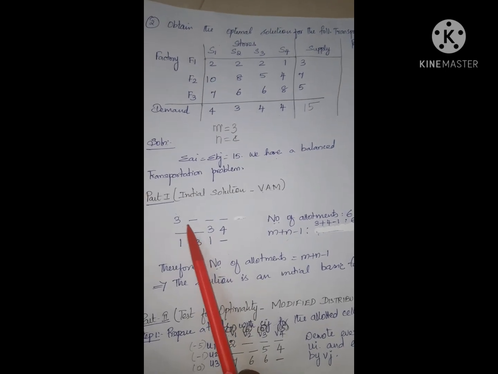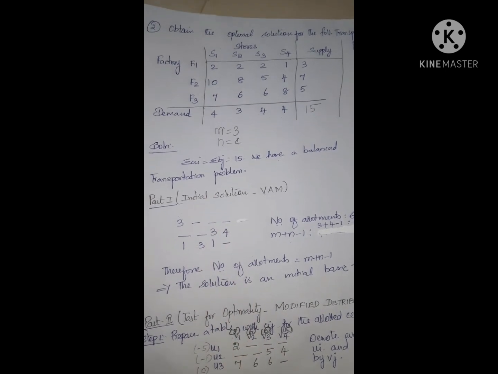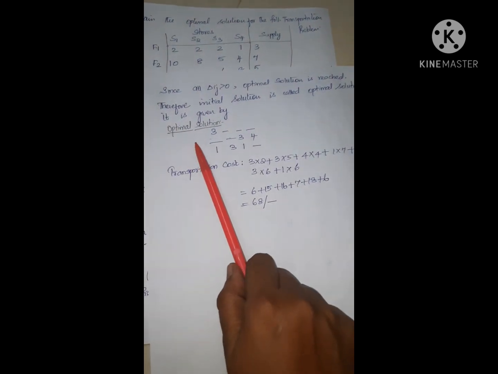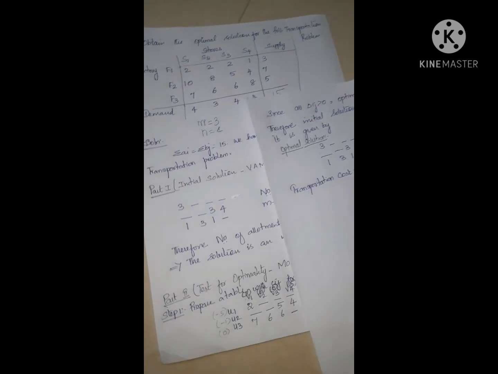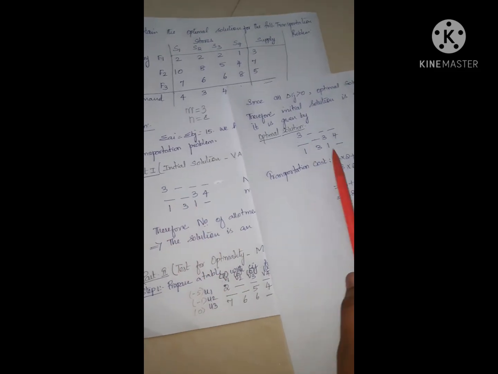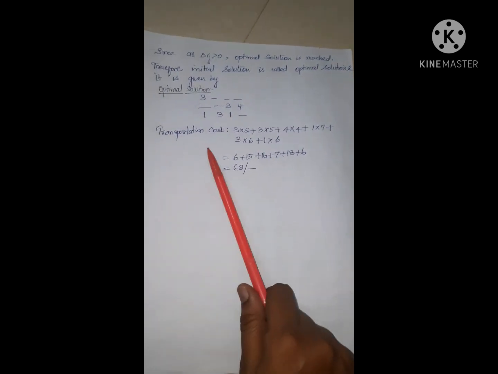So let us write down the same allotment table that was there for the initial solution under the optimal table. So the optimal solution is given by the same table, 3, dash, dash, dash, dash, 3, 4, 1, 3, 1, dash, and then getting the corresponding transportation cost.